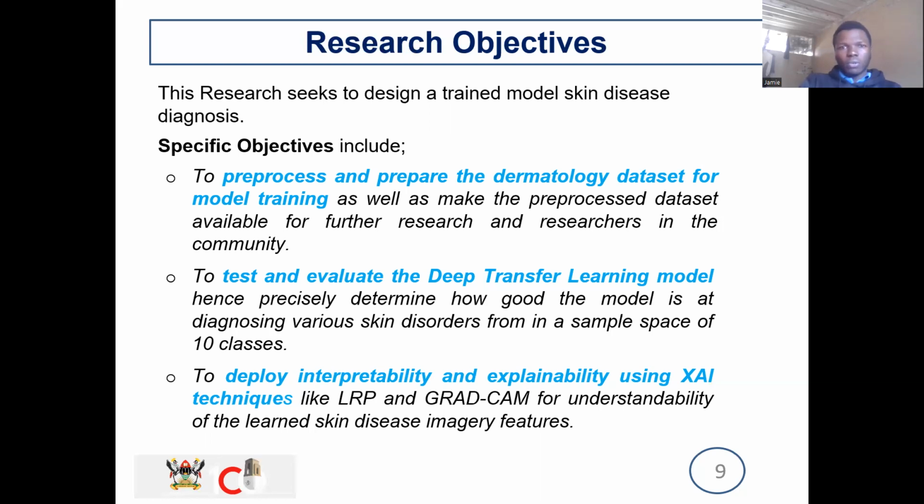Just to throw more light on that, we shall be trying to explain the reason why our models are making those predictions, gaining more insight into what features it probably looked at, and improving our knowledge of how we understand and approach skin disease diagnosis.